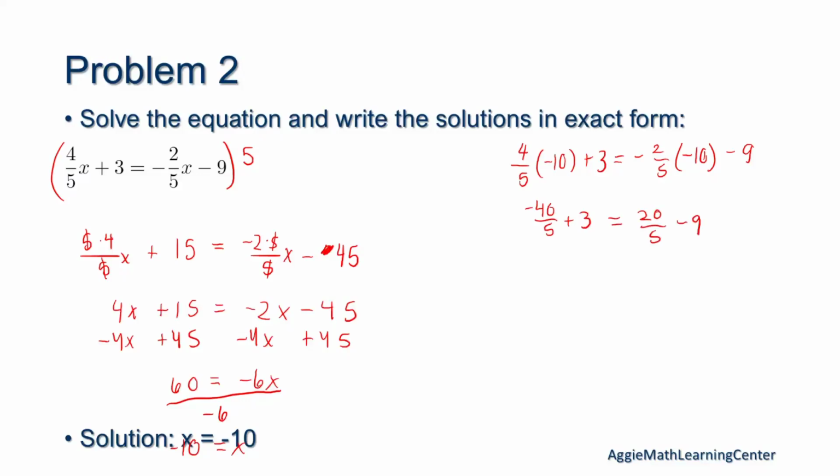So negative 40 divided by 5 gives us negative 8, plus 3, is equal to 4 minus 9. Negative 8 plus 3 gives us negative 5, and 4 minus 9 also gives us negative 5. So we're looking to make sure that when we put that number in, the equation remains true. If it had come out to 3 equals negative 5, well, that's not true, so that means that we messed up somewhere. That's what you're looking for when you check the equation. Does that make sense? Yeah.